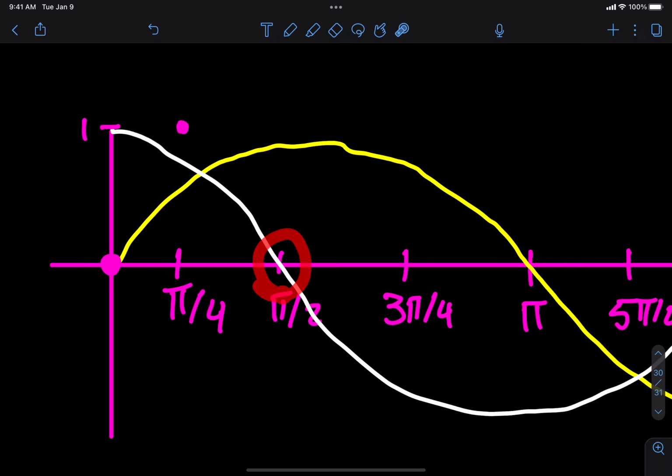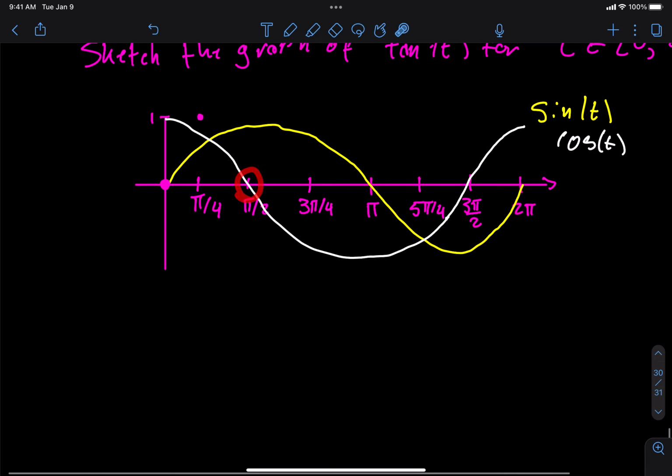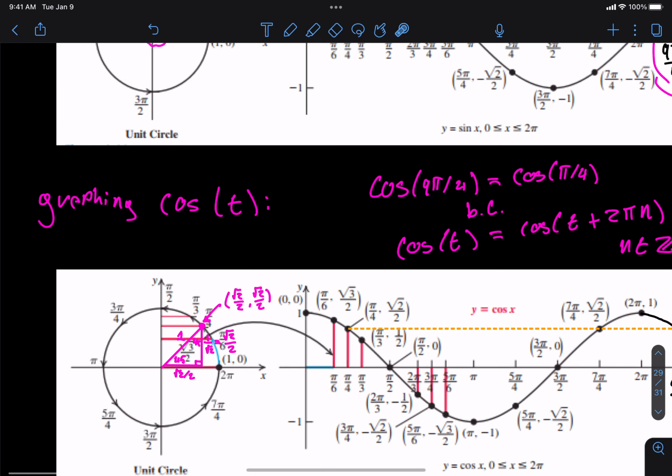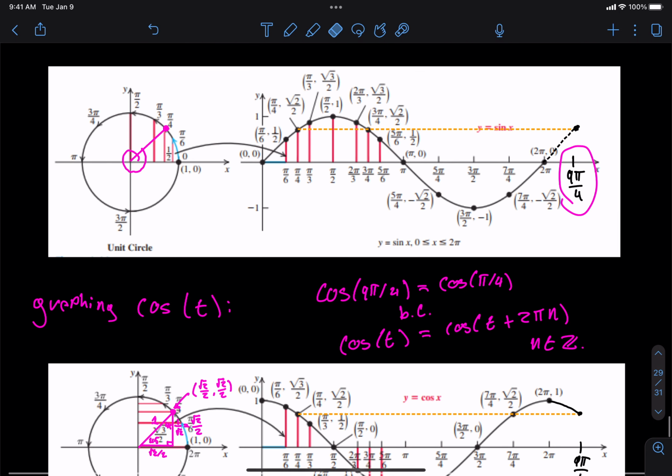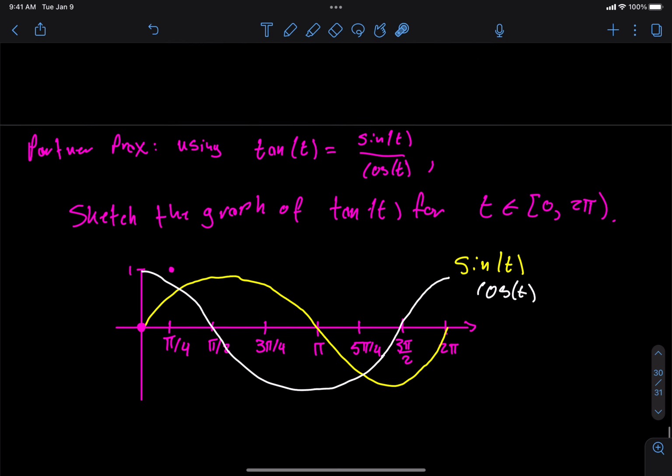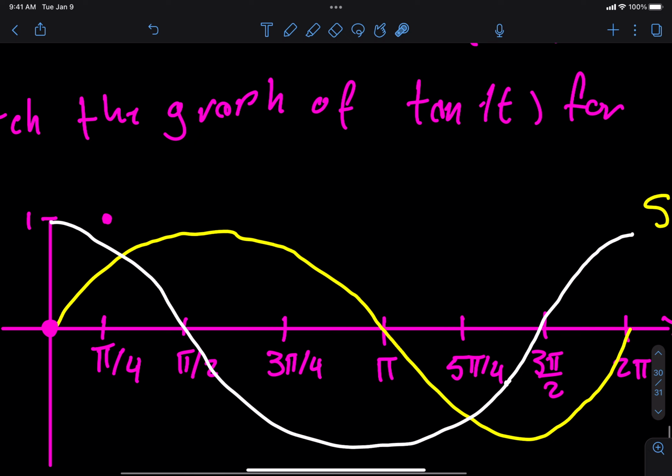Okay, and then what's going to happen? As we get closer and closer to pi over 2, the y value is getting closer and closer to 1, and the x value is getting closer and closer to 0, but in a positive way. So if we take an input very close to pi over 2, but less than pi over 2, we will get something like 1 divided by some really, really small number.